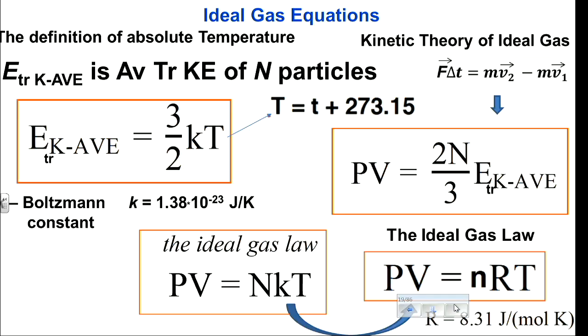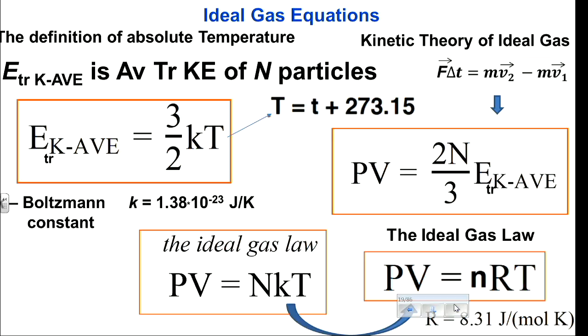This used to be an exercise 10 years ago. Every student would have to do this exercise, using a mechanical approach to derive this equation. I did it when I was in high school, because it's very transparent. You just use Newton's law.